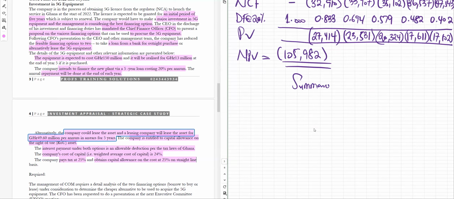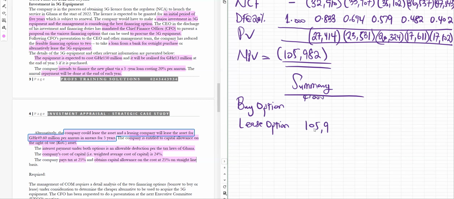Which one has the lowest cost? The one with the lowest cost. So with the buy option, and then we have the lease option. The lease option has a total of 105,982. The summary is also in thousands of Ghana cedis.